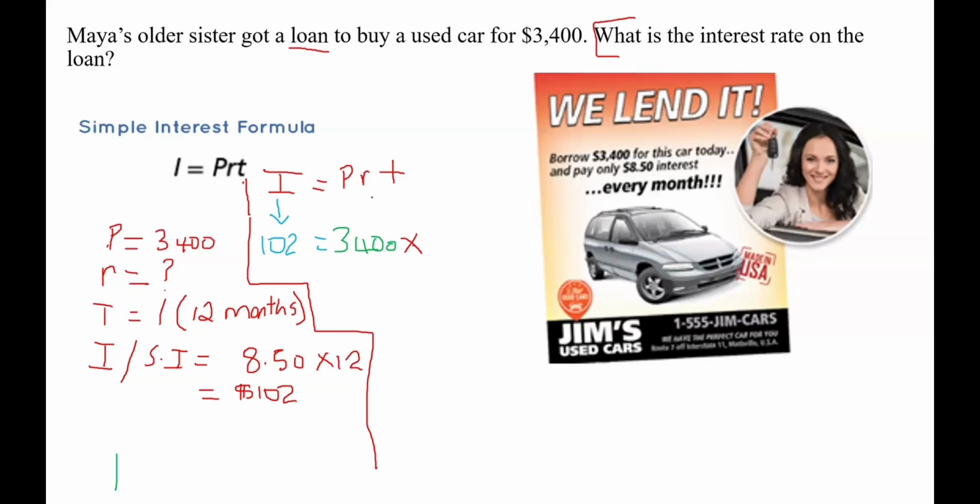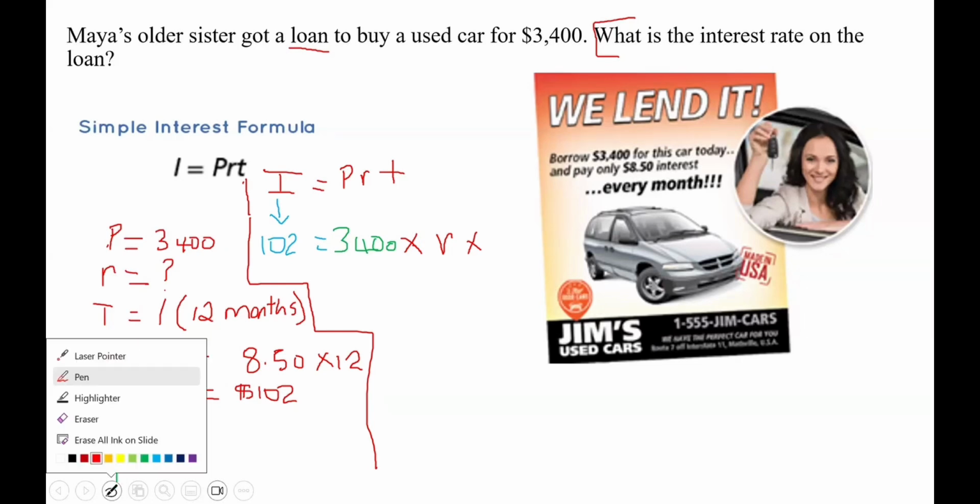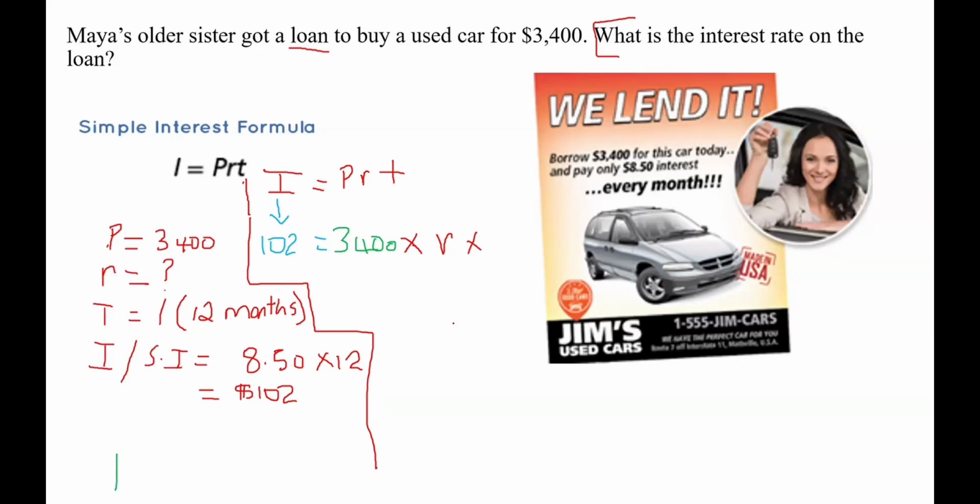Now, R is the rate. We don't know the rate, so we are going to write back the letter R because that's what we are finding. And then we are going to write our time, which is 1, because the year is 1.